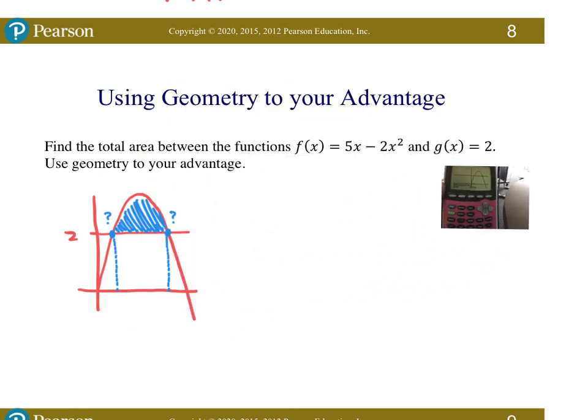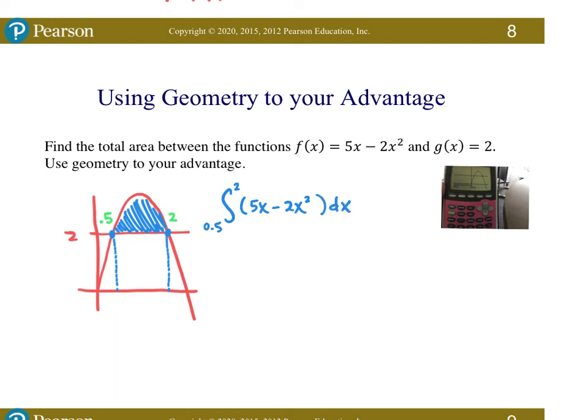All right, so let's erase those question marks. And we know now that those values are 0.5 and 2. So our integral that we set up is from 0.5 to 2 of 5x minus 2x squared, quantity dx.